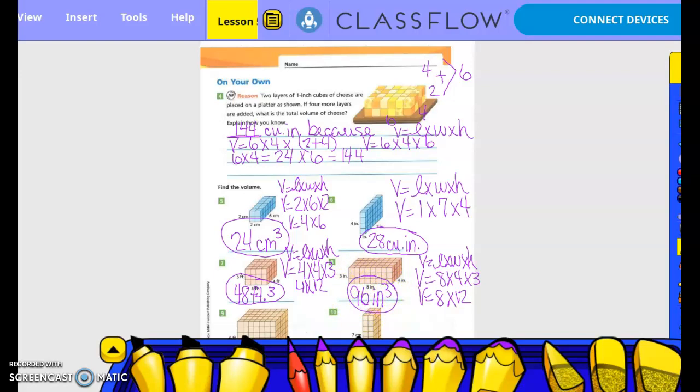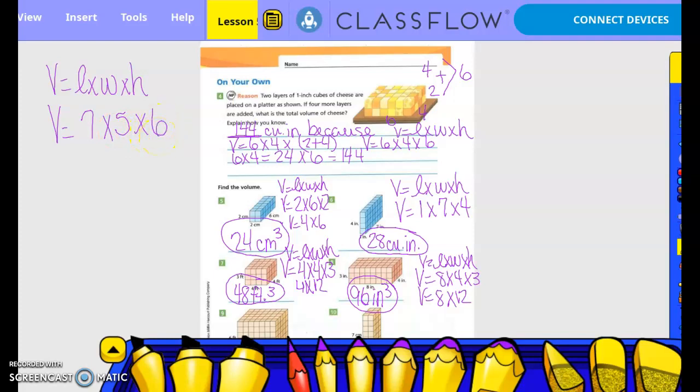Okay. Number 9, we start with our volume, or our formula, right, which is volume equals length times width times height. Volume equals, what's our length? 7. Our width and our height, 6.